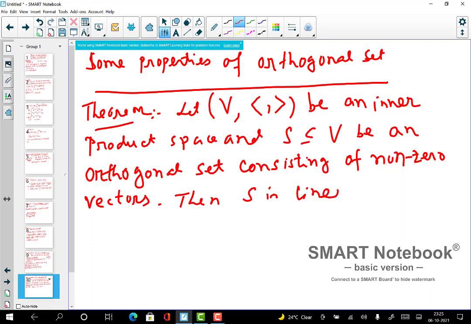Okay, linearly independent over the same field. I did not mention the field here, but it should be over the same field, say over F, and V over F I must mention here. Okay.